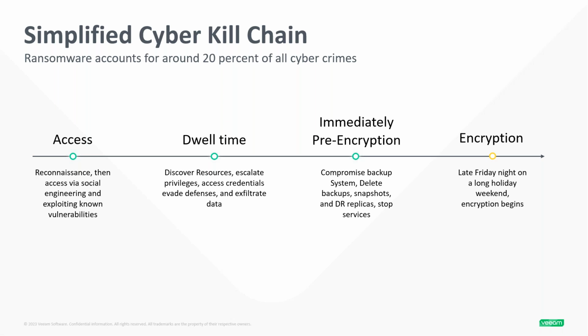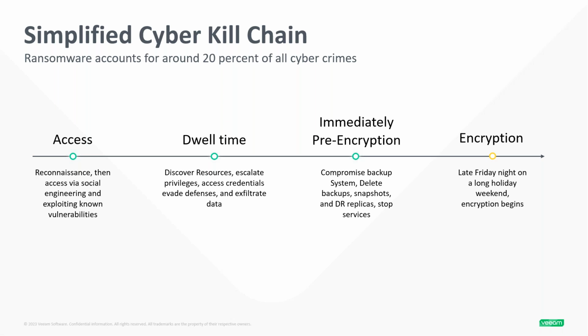Once the attacker understands the compromised situation, an immediate pre-encryption process will take place. Now, this could be a simple, small encryption that will be performed by the attacker. And basically, this allows the attacker to understand where this information is going to be used in terms of your backup system or infrastructure.